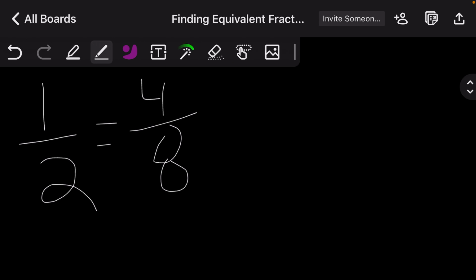To be more specific, they use different numbers, but they take up the same amount of space. So let's go through some examples of how to find equivalent fractions.